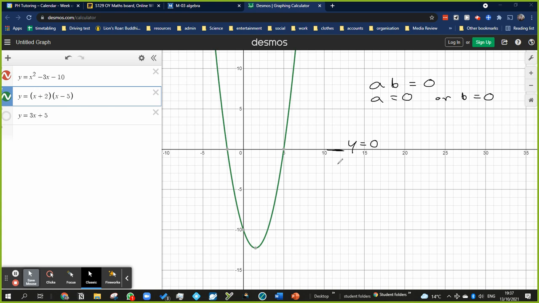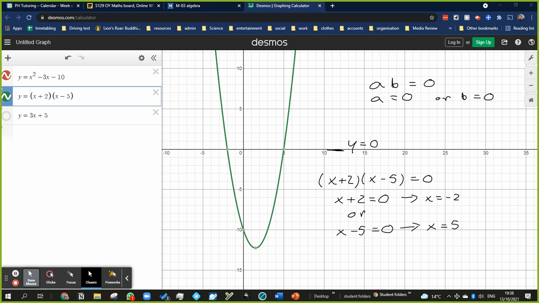In the same way up here, when I say x plus 2 multiplied by x minus 5 equals 0, then I'm saying either x plus 2 equals 0 or x minus 5 equals 0. So that would mean that if x plus 2 equals 0, I could rearrange that and say x is equal to negative 2, and rearrange the bottom one and say x is equal to 5.